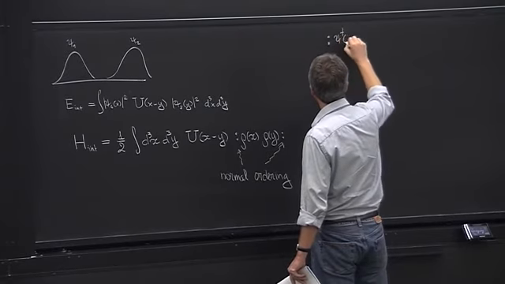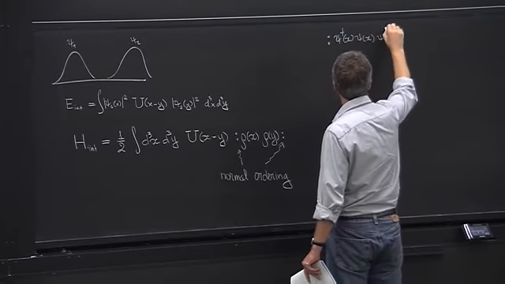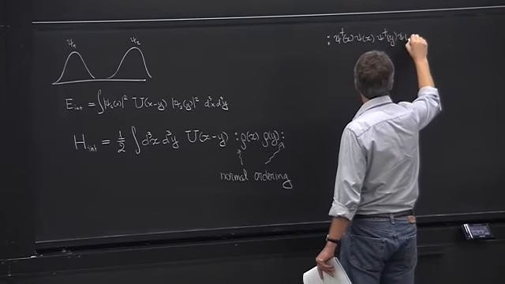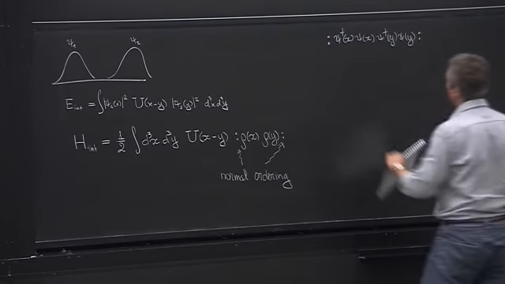So what we have here is psi dagger x, psi x, psi dagger y, psi y, and then normal ordered.